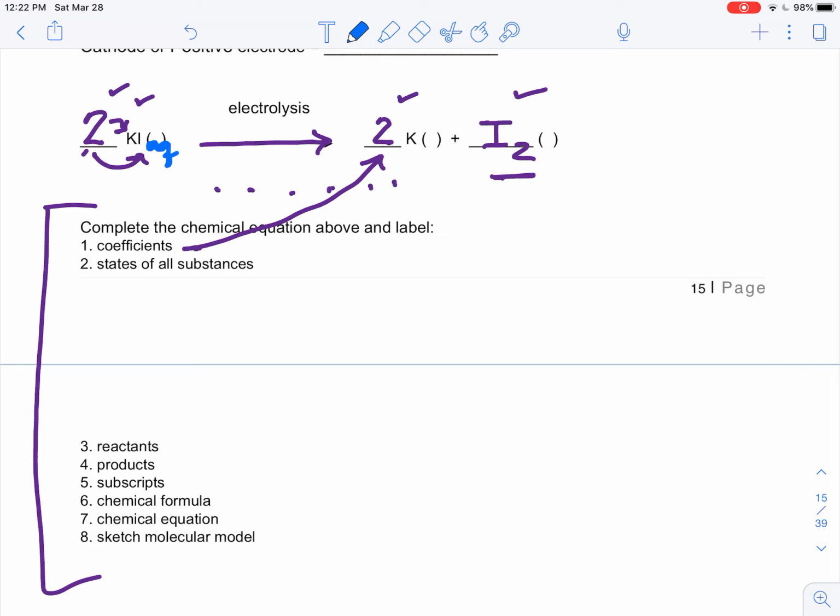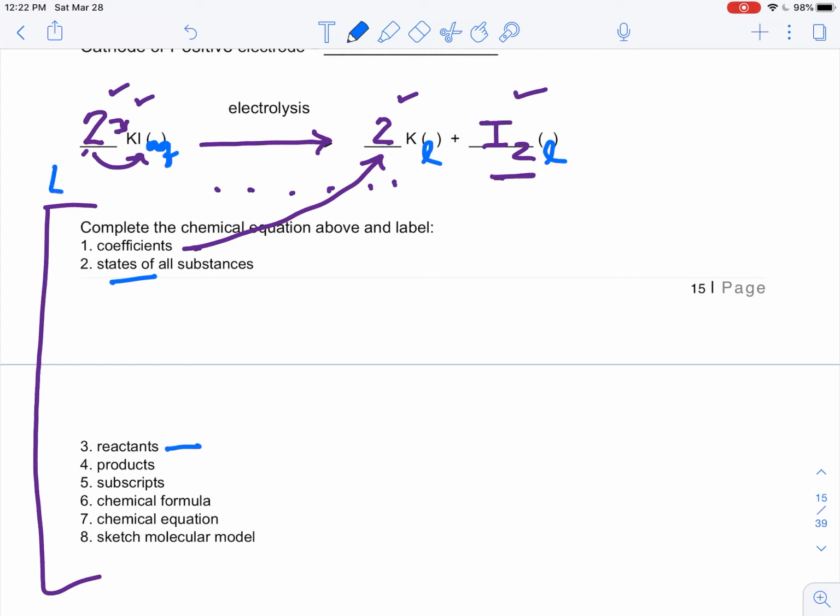For some of these, we can find out, for example, that KI is aqueous by looking at our solubility chart. Sometimes it's just something that is indicated or mentioned in your description of this chemical equation. So sometimes you just have to read and it'll tell you what those states will be.